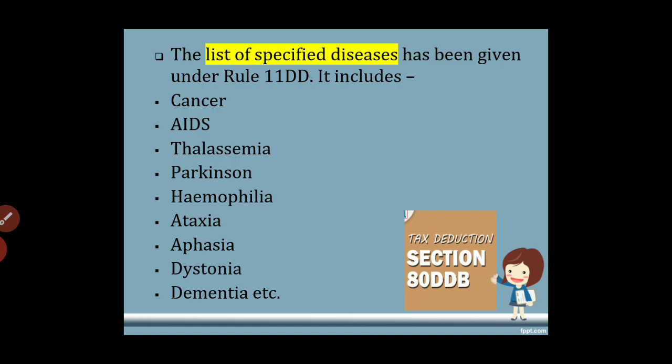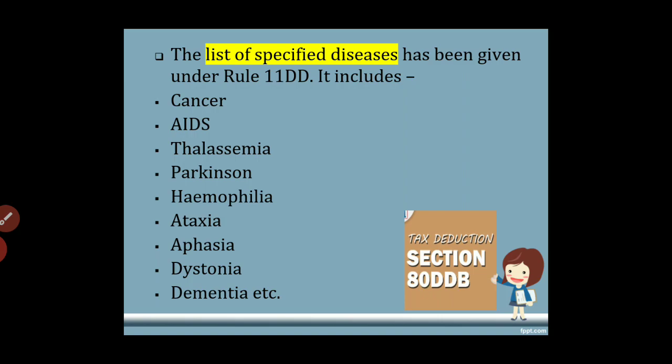It includes cancer, AIDS, thalassemia, Parkinson, hemophilia, ataxia, aphasia, dystonia and dementia, etc. These are the specified diseases on which any assessee can claim deduction under section 80DDB. So I hope students all three deductions are clear to you.